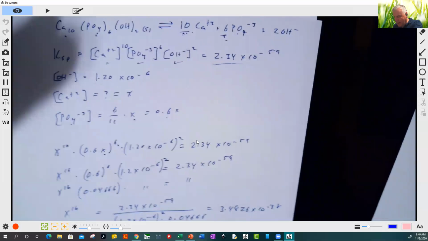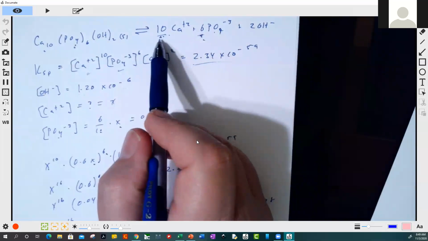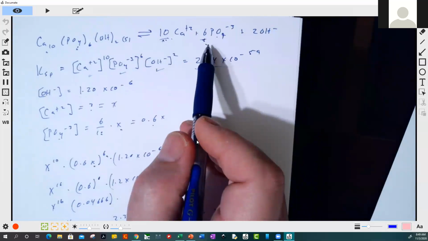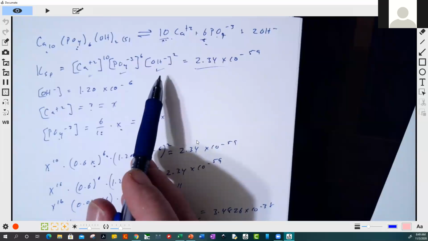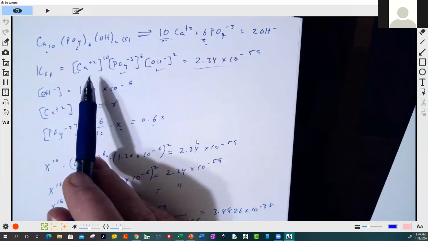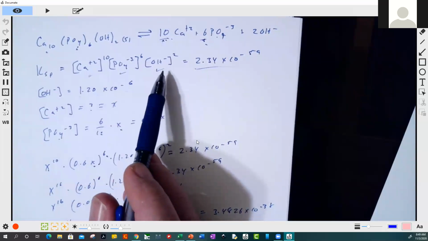I don't want to belabor it, but that makes perfect sense. The formula would be the same, the one that you have written. Ksp equals the concentration of Ca, PO4, OH minus squared. But the value would be, Ca would be 10s to the power 10, PO4 would be 6s to the power 6, OH would be 1.40 times 10 to the power negative 6 plus 2x. Right.